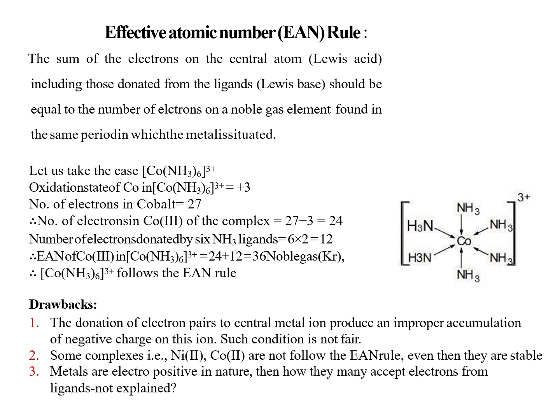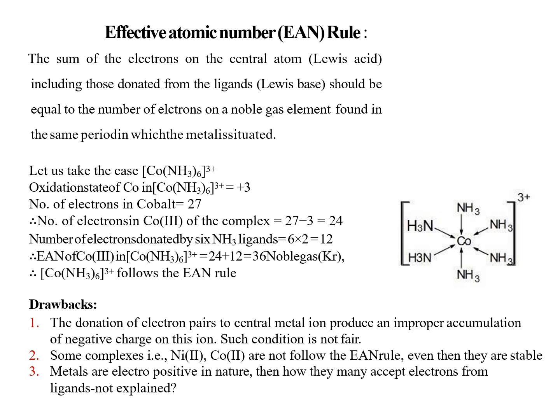The effective atomic number theory was the first theory that explained the concept behind complex compound formation. This theory was given by Sedgwick, therefore it is known as the Sedgwick rule. In a complex species, the sum of electrons present in the central metal atom or ion and those donated by the ligands is called the EAN of the central metal atom.